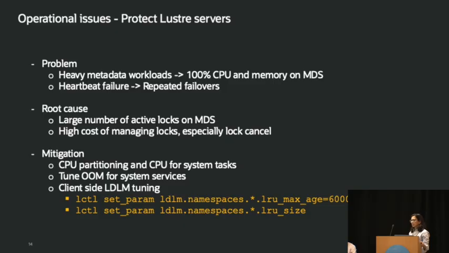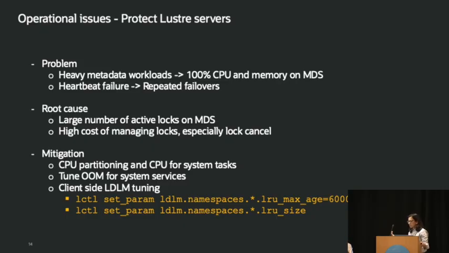This can lead to concurrent failovers of the MDTs mounted on those MDS server nodes, because the MDS would stop heartbeating. The management plane in OCI captures the heartbeats to make sure the server is healthy, but because of hitting these CPU and memory limits, the heartbeat is not there. The management plane will think that the MDS node is not healthy, and it will try to move the targets.